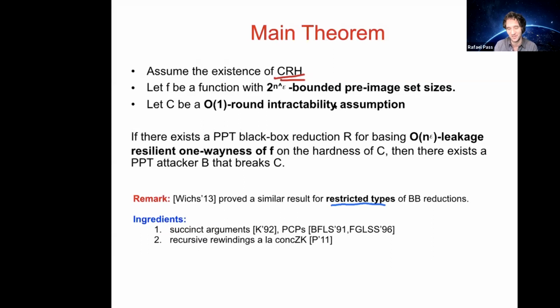But yes, exactly like Mike is suggesting, the leakage that we have the attacker ask for is to hear a succinct interactive argument that the reduction knows a pre-image, and that is how we can show that any such reduction really doesn't need to use the attacker at all. The reduction needs to provide this proof, which requires showing that you know the pre-image, and therefore the reduction does not really need to make use of the attacker at all, because anything the attacker tells it, it must have known already.